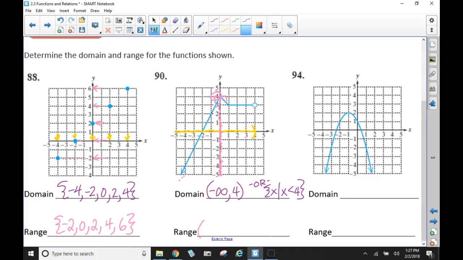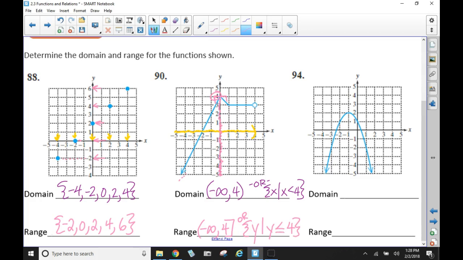So your range would be from -infinity up to and including that y value of 4. So notice the bracket. Or you could say the range is the set of all our function values. I don't know if this thing was called f of x or k of x or what it was. So I'm just going to say the set of all y values such that y is less than or equal to 4.